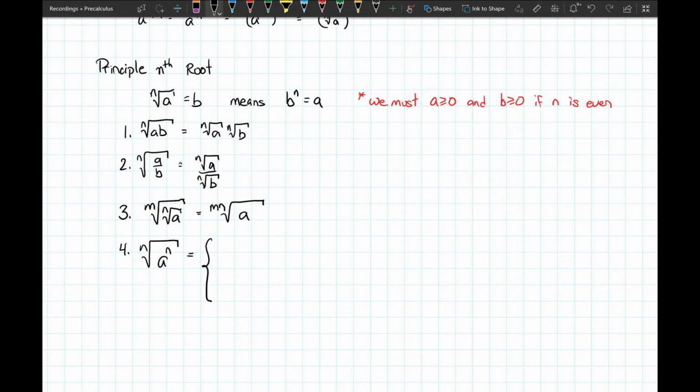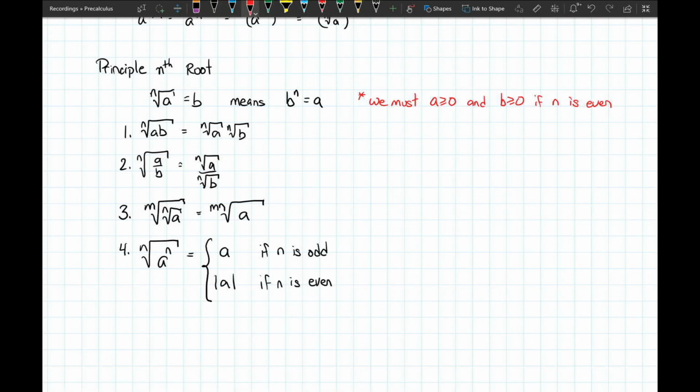If we have an odd-powered root, it does in fact mean that the nth root of a to the n cancels. However, if we have an even-powered root, then it's not exactly a straightforward calculation. We actually have to consider the sign of a. If n is even, then the nth root of a to the n is actually the absolute value of a.